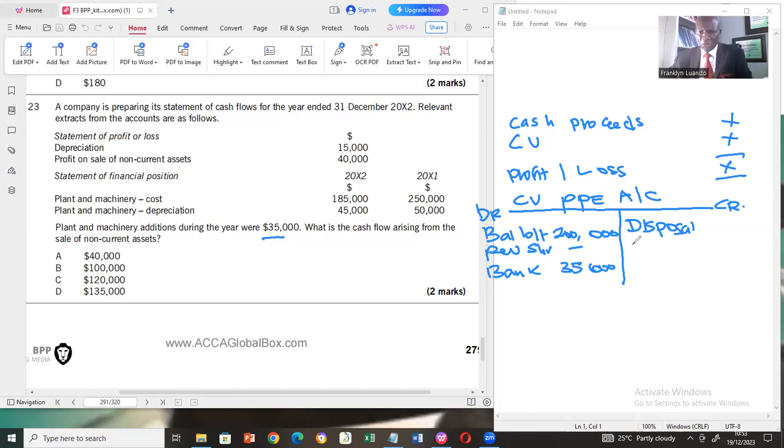In this account, we also show the depreciation charge for the year, which we are told is 15,000. Then the closing balance will be 140. The cost is 185,000, the depreciation is 45, and from 185 that will be 140.